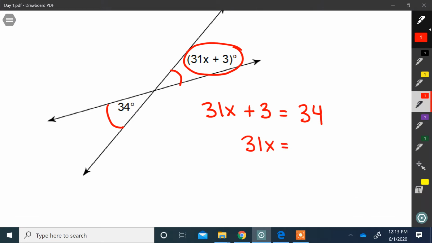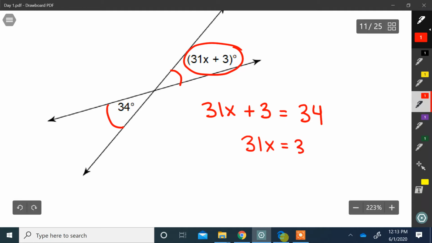Now guys, I do the algebra pretty fast because I am expecting that all of you are good at algebra. So that's why I tend to go faster on the algebra. All right, so subtract 3 on both sides and you get 31. That means that x is equal to 1.